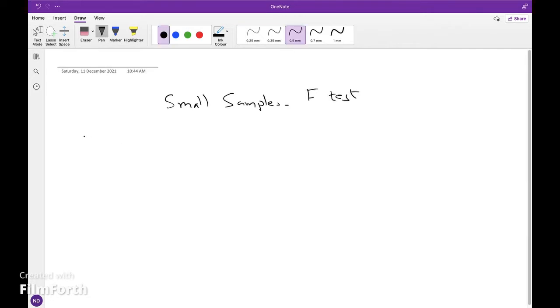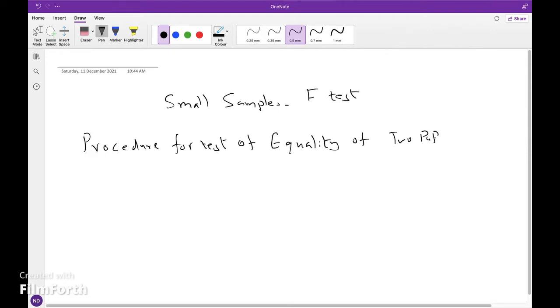The procedure for test of equality of two population variances.